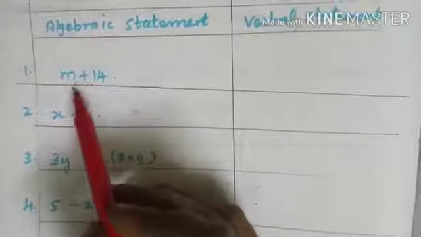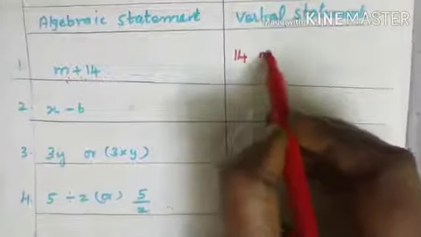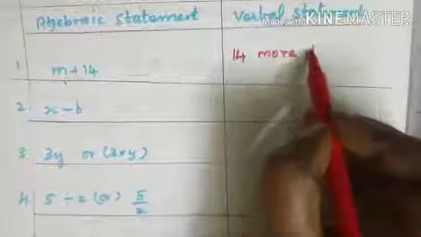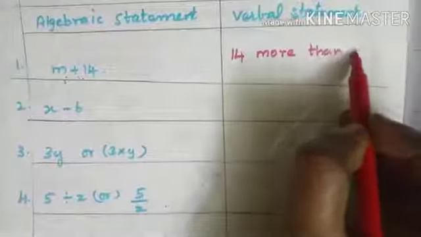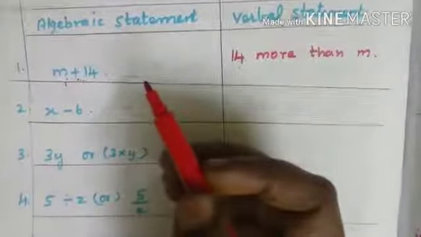You can write m is added to 14, otherwise we can write 14 more than m. So two types we can write.